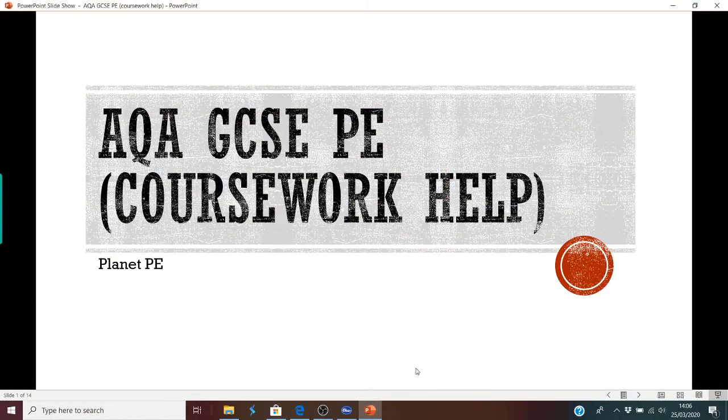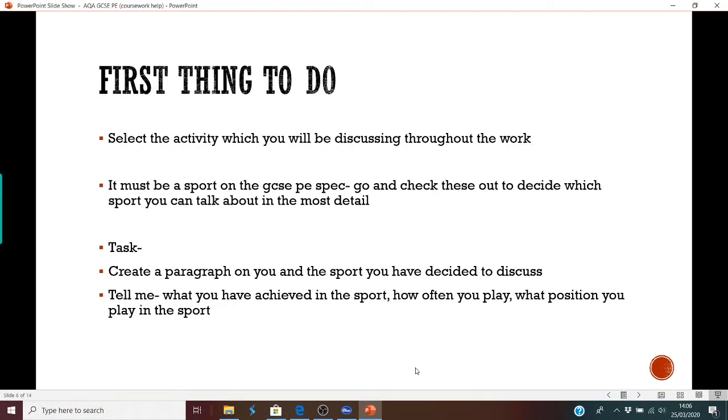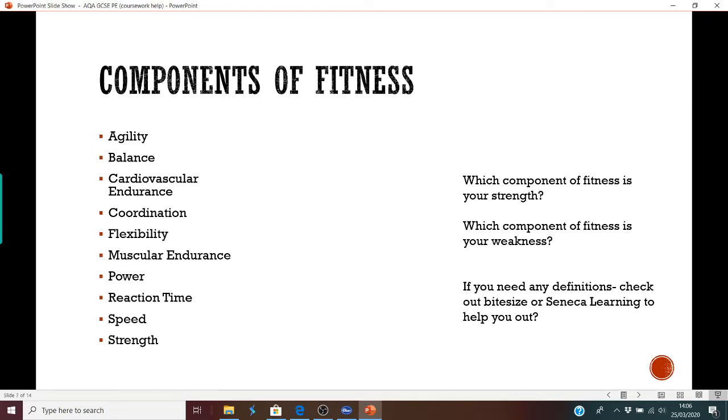So if we just go into here and I bring it up again by going there. What we need to do is look at the components of fitness. These are all the different components of fitness that you guys need to use in your piece of coursework. We're going to begin by looking at this and how we're going to use it to get the grades that you're after.